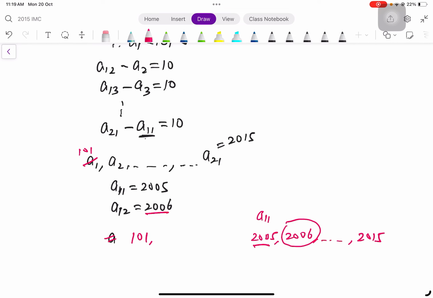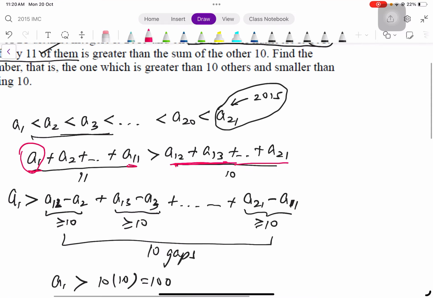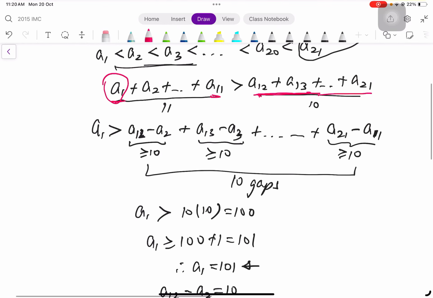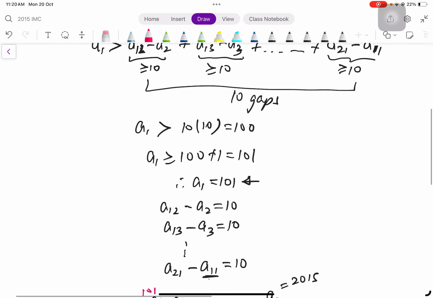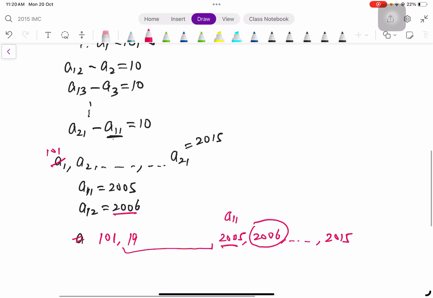Now the front 10 numbers should be what? The front 10 numbers here are 1996, 1997, and then you go all the way to 2004.